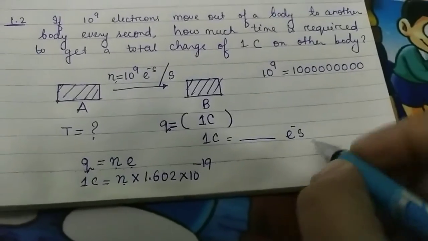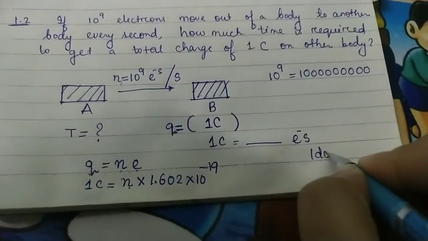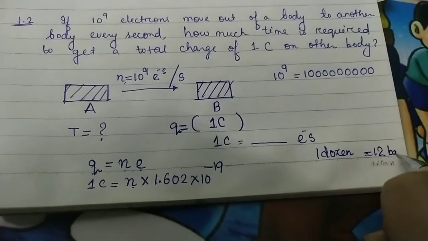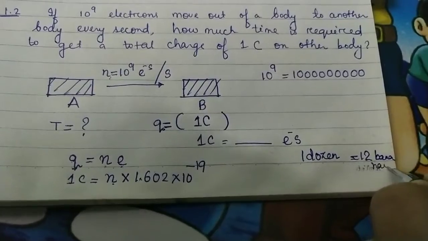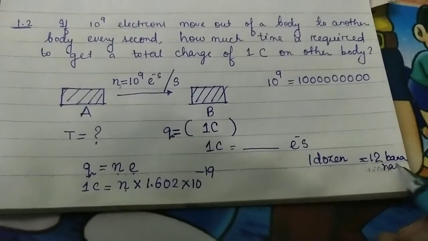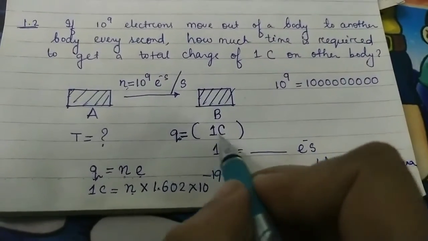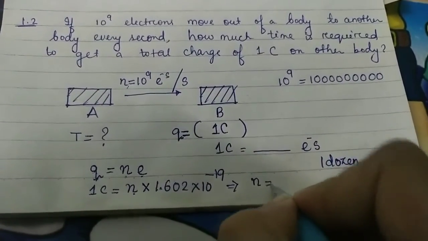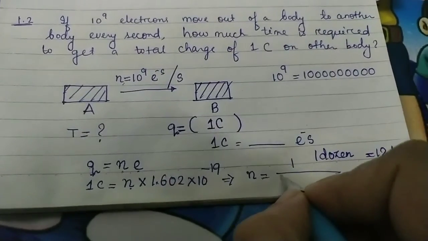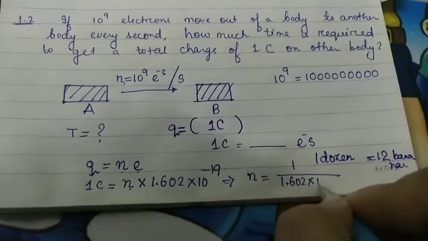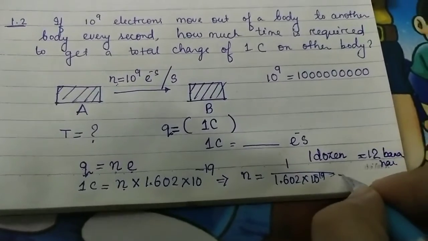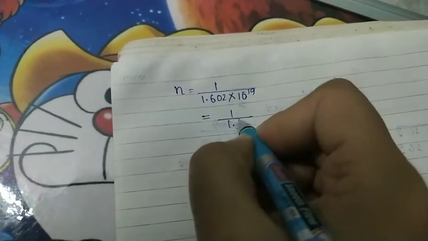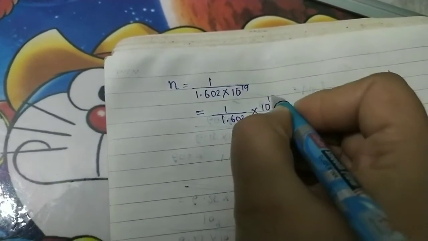It is similar to 1 dozen of bananas containing 12 bananas. That means in 1 dozen we have 12 bananas. Similarly, in 1 coulomb how many electrons will be there, that we will calculate. So from here N will be equal to 1 divided by 1.602 into 10 to the power minus 19, which will be equal to 1 by 1.602 into 10 to the power 19.